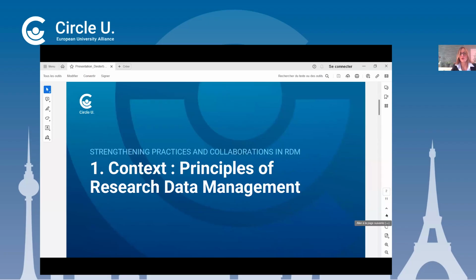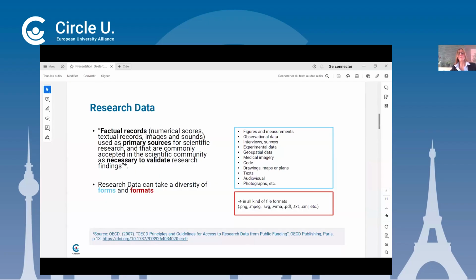As my presentation focuses on research data management, I would like to begin by defining what is meant by research data and what this entails in terms of data management. So what are the main principles of data management?